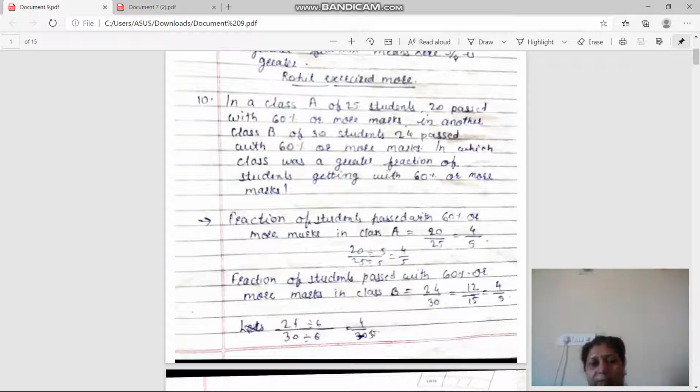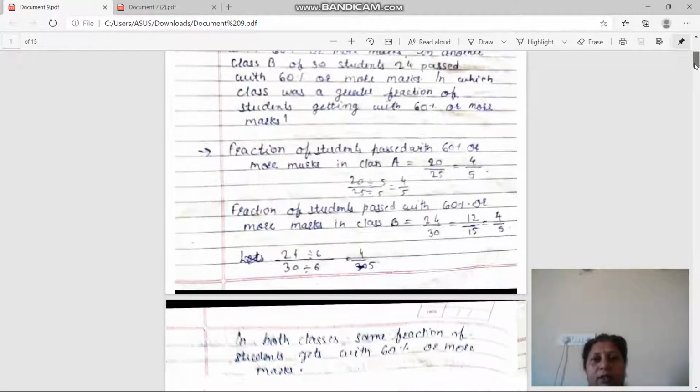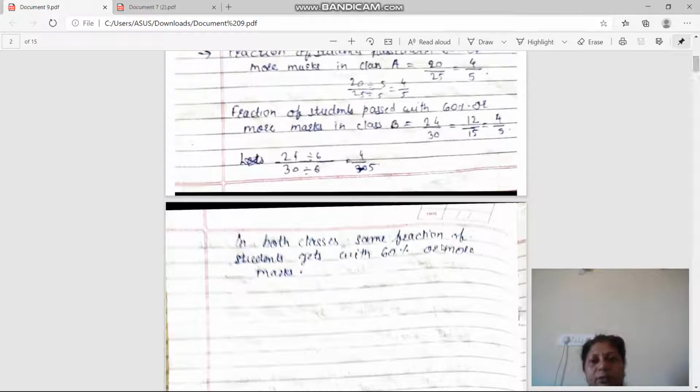It is the simplest form. So see, it is the fraction 4 upon 5 and this is also 4 upon 5. So what can we say here? In both classes, the fraction of passing students is the same. In both classes, the same fraction of students get 60 or more marks. Okay? Understand everyone?